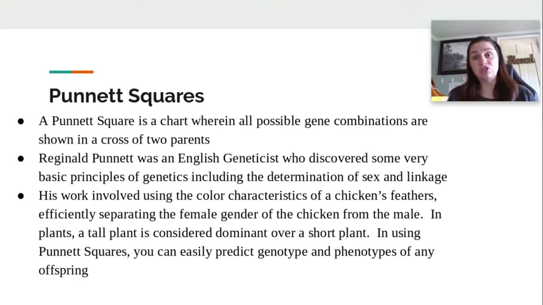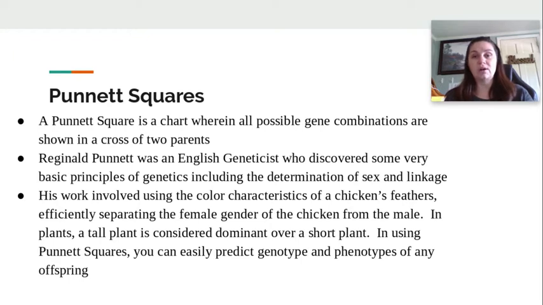So on the next slide, we'll look a little bit more at Punnett squares, but if you have any questions about Punnett squares, go and review the video on Punnett squares and then the paperwork that you had done when we made those crosses.